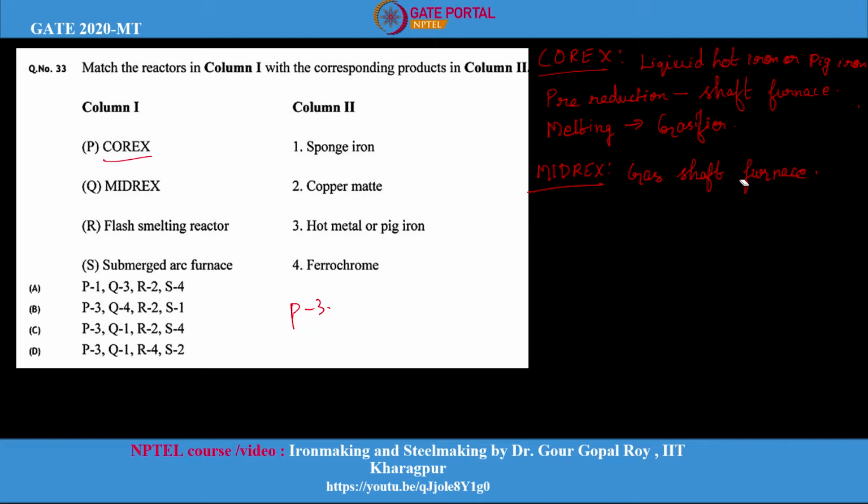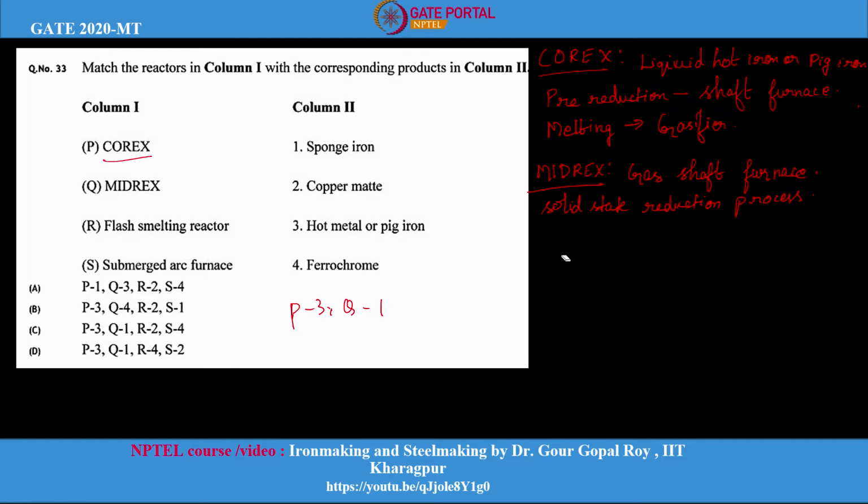This is a solid state reduction process. It is more of a single step process compared to the Corex process. This is a process where it reduces iron ore pellets or lump ore into directly reduced iron without melting using reducing gas. So the important end product of a Midrex reactor is sponge iron. So Q corresponds to 1.